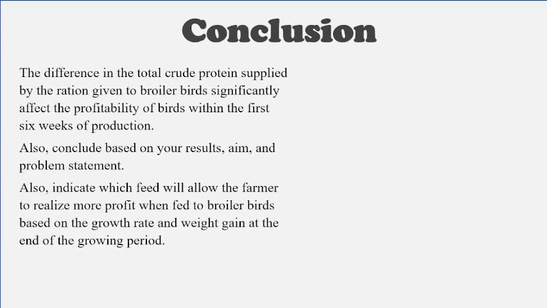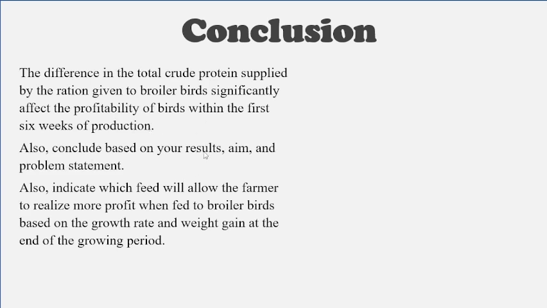Now you're finished with your discussion and you want to conclude, because that's the reason why you carried out the experiment in the first place, right? Look at your aim, look at your design brief, look at your problem statement. Now you can conclude that the difference in the total crude protein supplied by the ration given to broiler birds significantly affects the profitability.